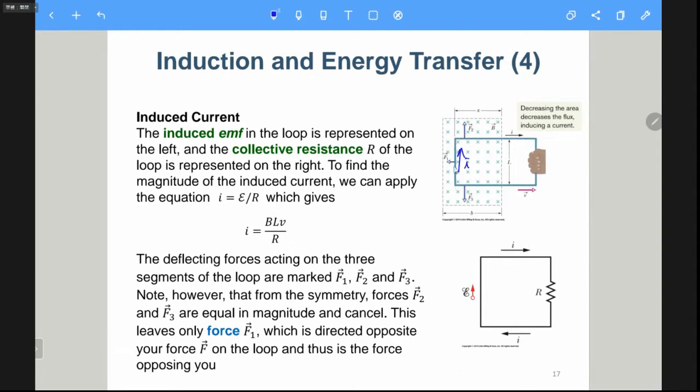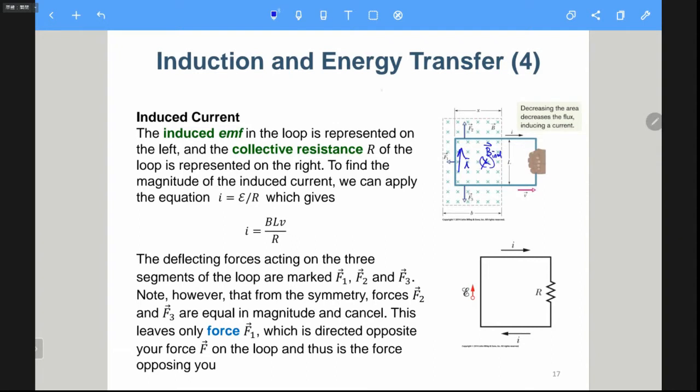If you pull this loop to the right side, the magnetic flux pointing into the page is decreasing. So B induced should point into the page. And in this case, the loop current should be clockwise. So for this one, I is pointing outward.